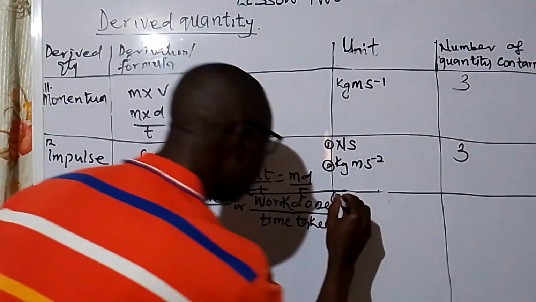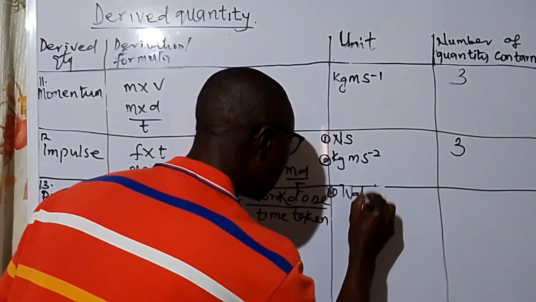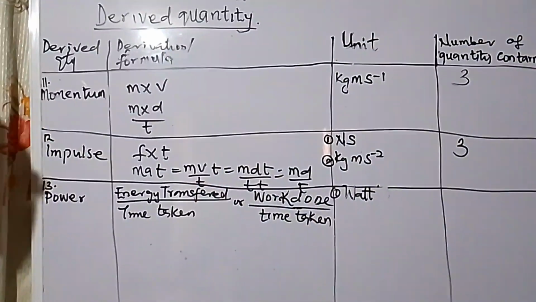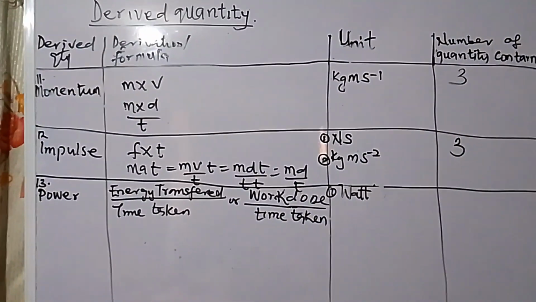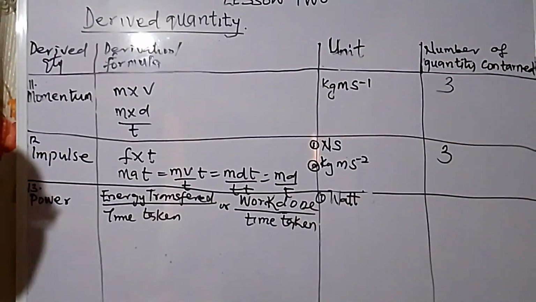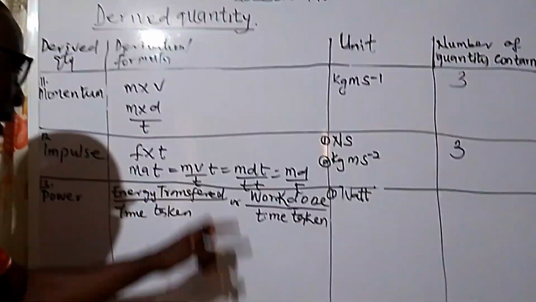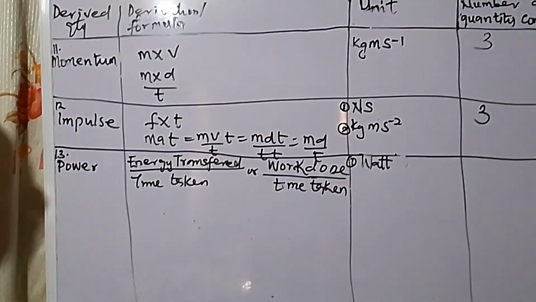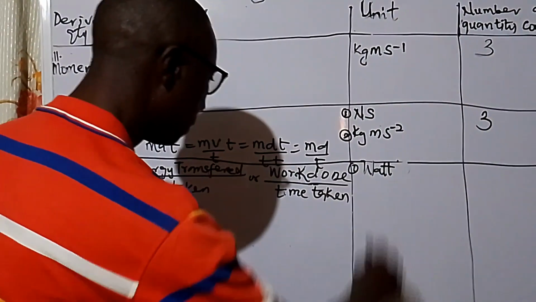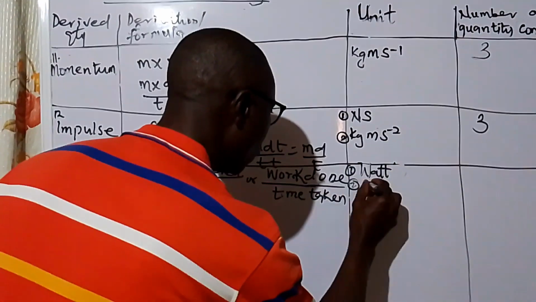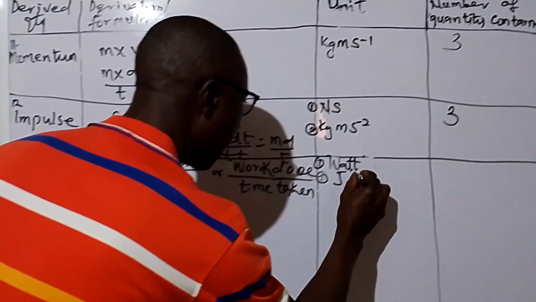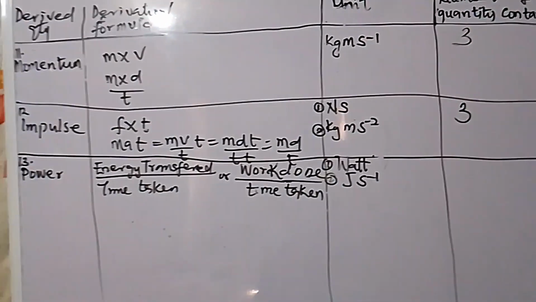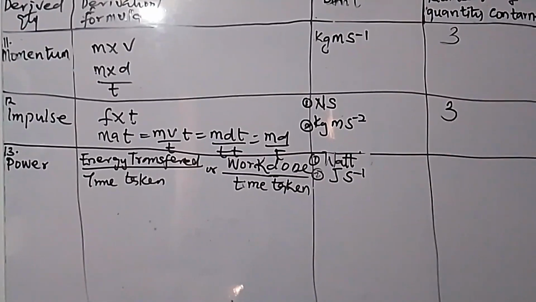The first unit is watt. Now, that's the first unit. Again, from this formula, energy transfer over time taken or work done, number 2 is joule per second. That's another unit of power.